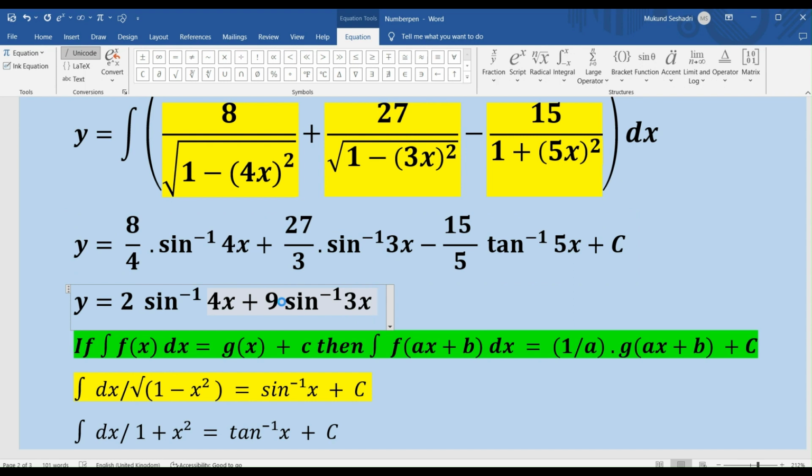And then I have 15 by 5, which is 3. And we have 3 times tan inverse of 5x, right? Plus c. So that's the final answer to this particular problem. 2 times sine inverse of 4x plus 9 sine inverse of 3x minus 3 tan inverse of 5x plus c.